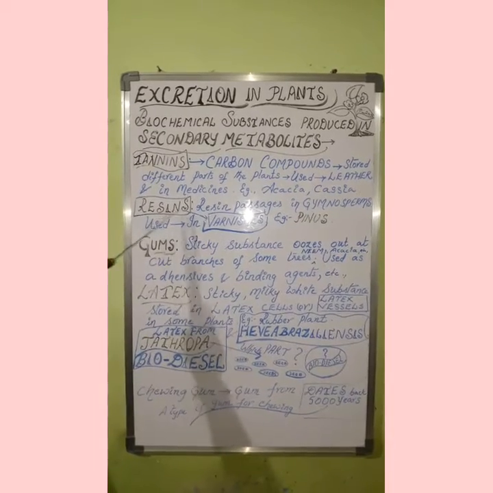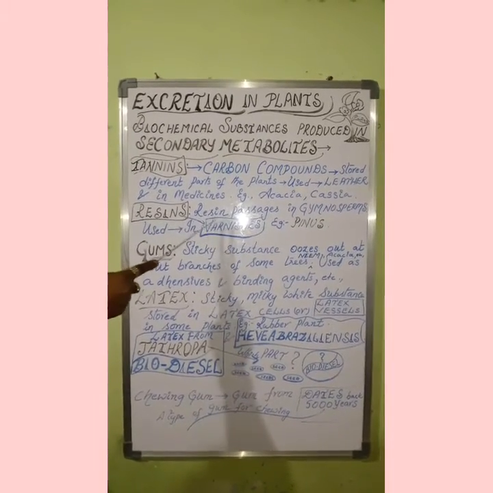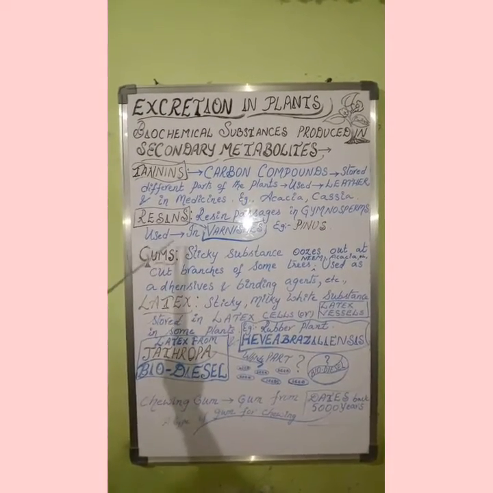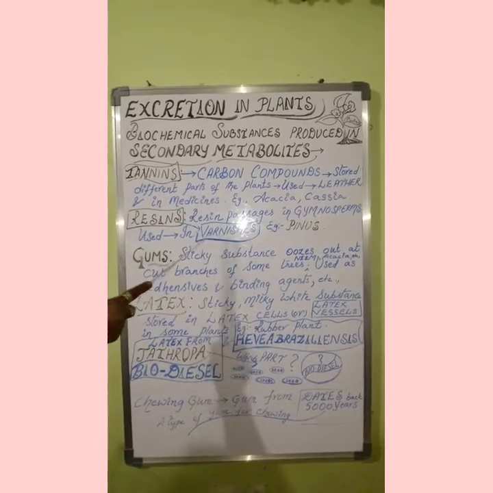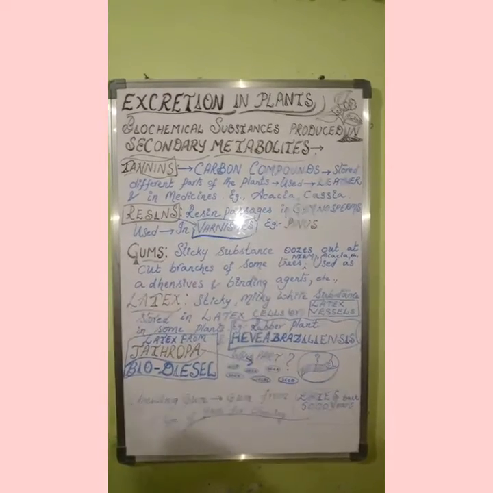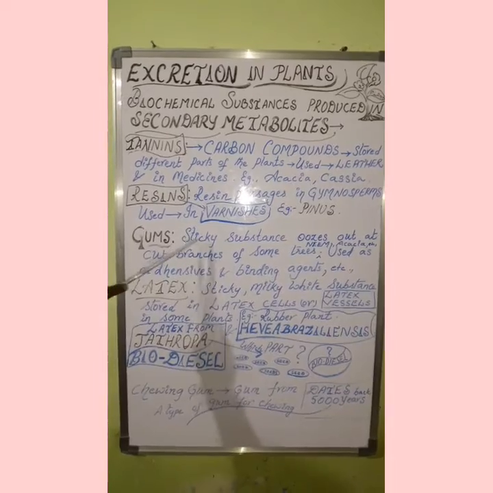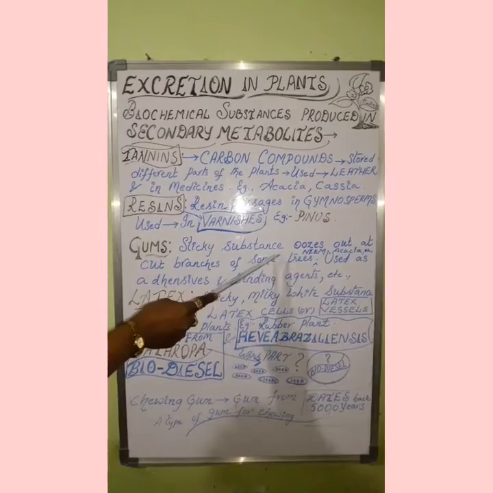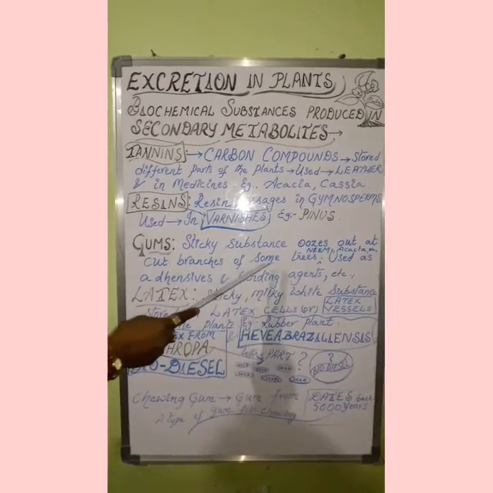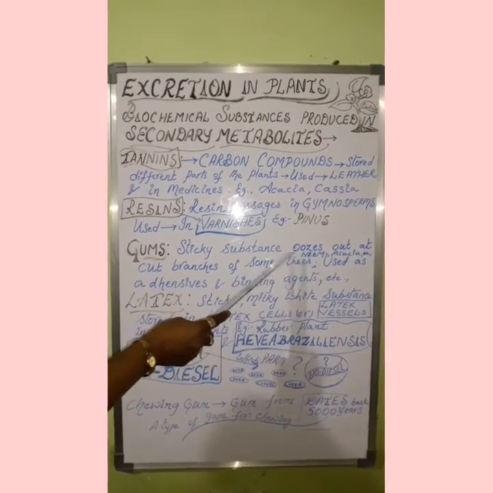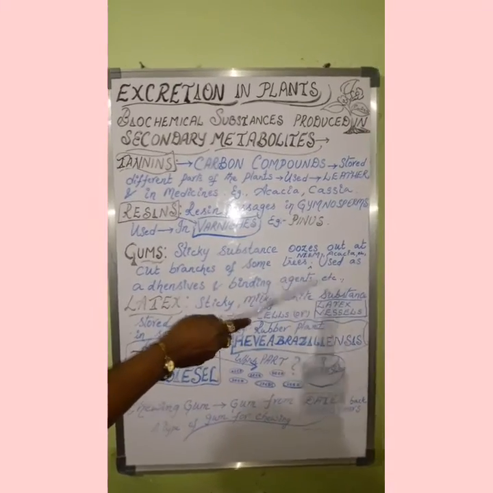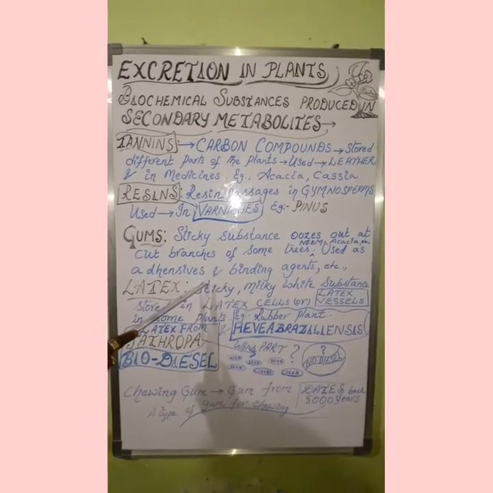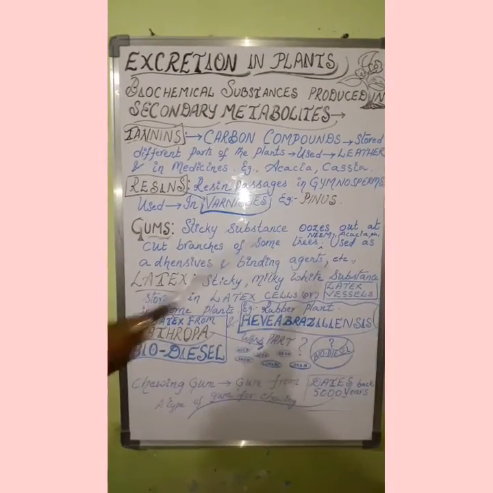Resins are stored in resin passages in gymnosperms, widely used in varnishes. Example, pinus. Gums are sticky substances that ooze out at the cut branches of some trees. Example, neem, acacia, etc. Widely used in adhesives and binding agents.